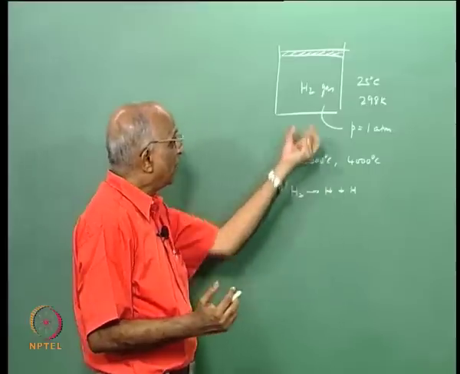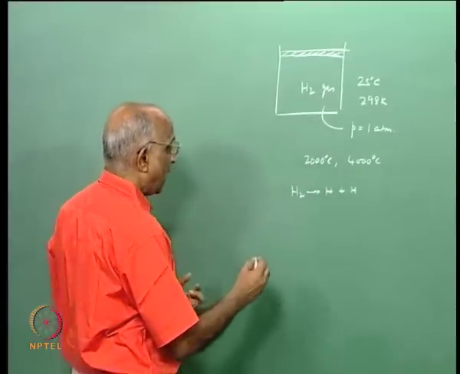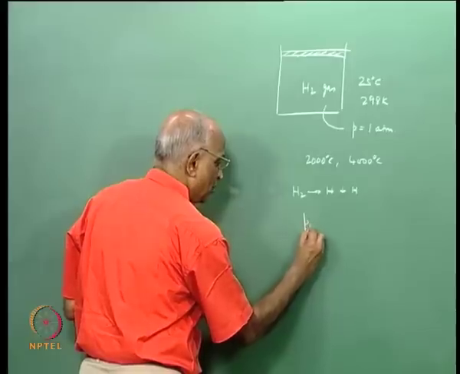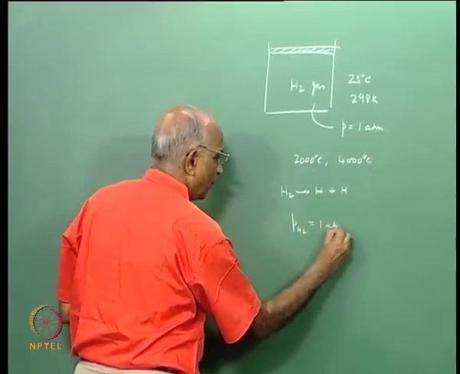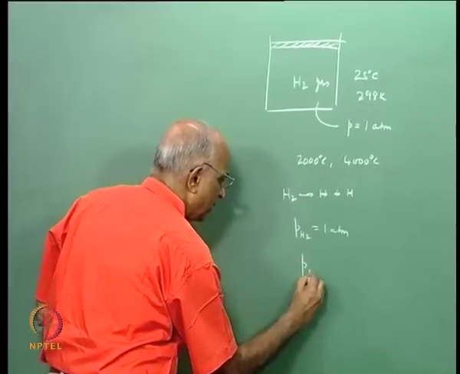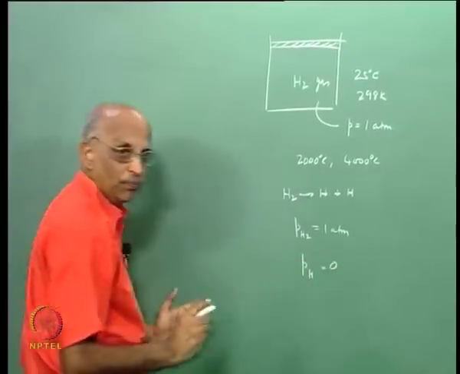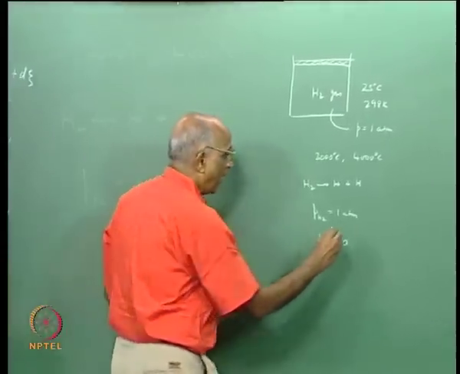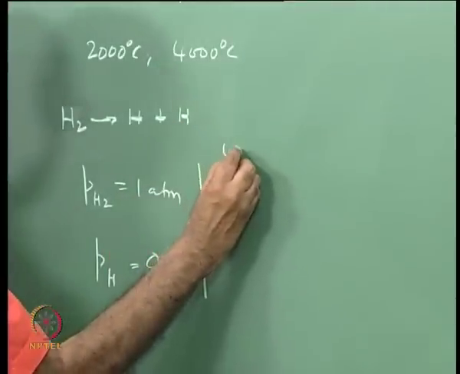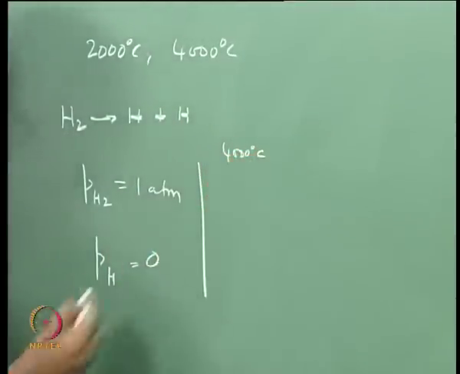Or rather, if I were to look at the partial pressure of the gas, maybe pH2 at 25 degrees centigrade is 1 atmosphere and the partial pressure of hydrogen atom is equal to 0, because everything is hydrogen molecule. Maybe at 4000 degrees centigrade, we will work out this problem today.